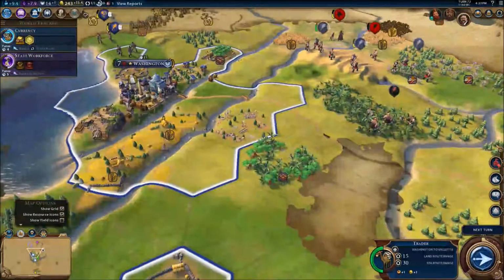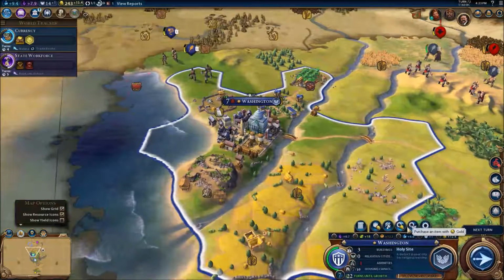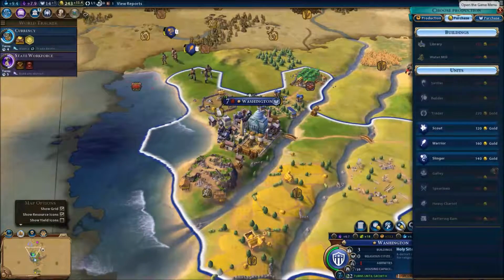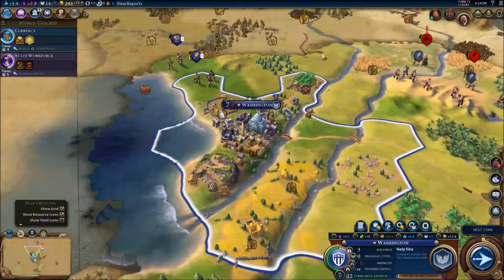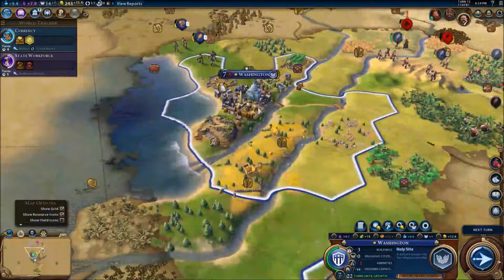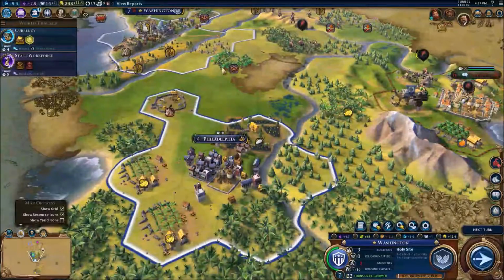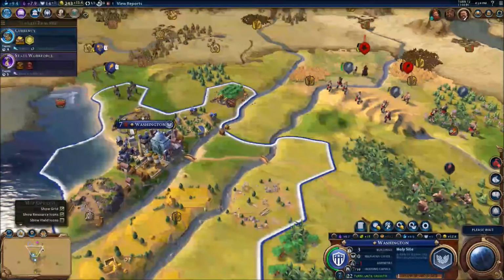Okay. So I think what we're going to do... Let's see what we can buy. We can buy not much. Alright, so... Right, we'll have to see what goes there. Our next option is probably going to end up being a settler out of there.